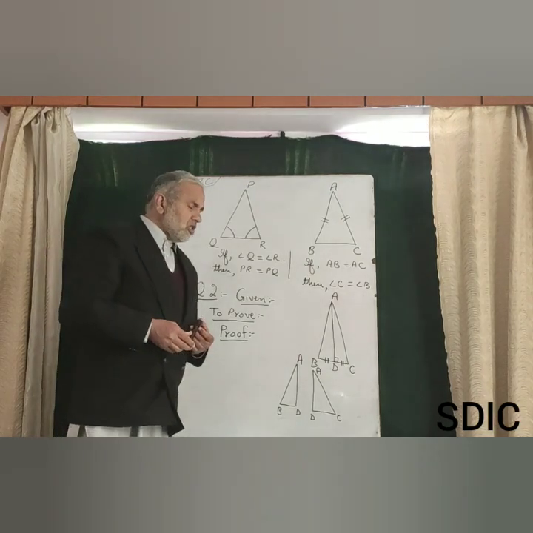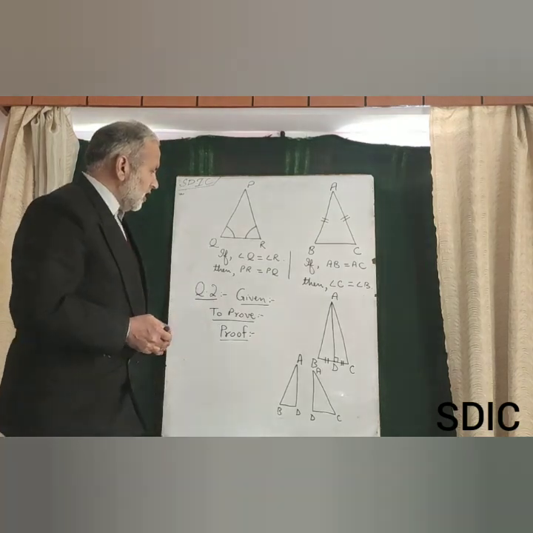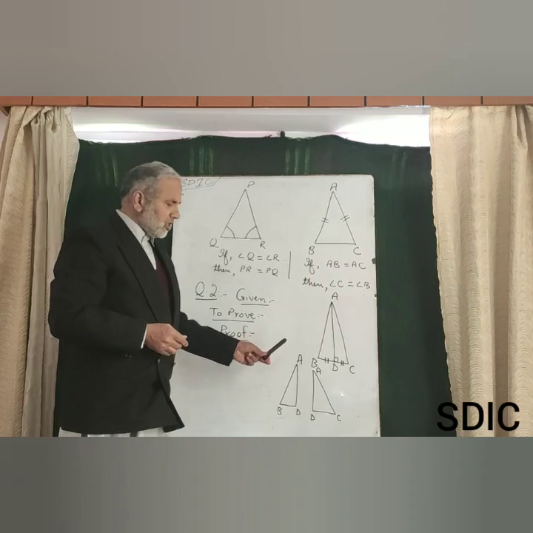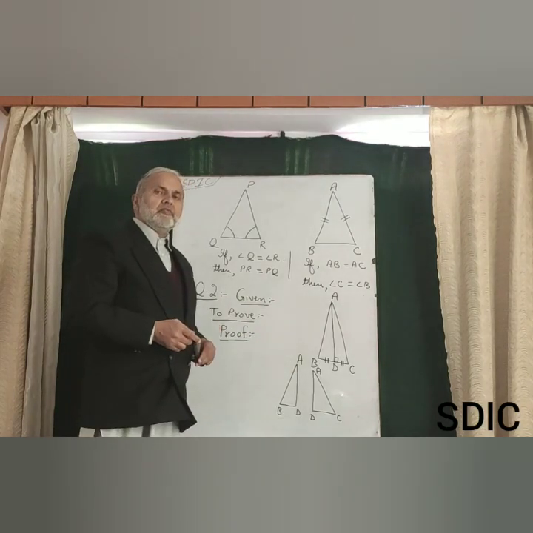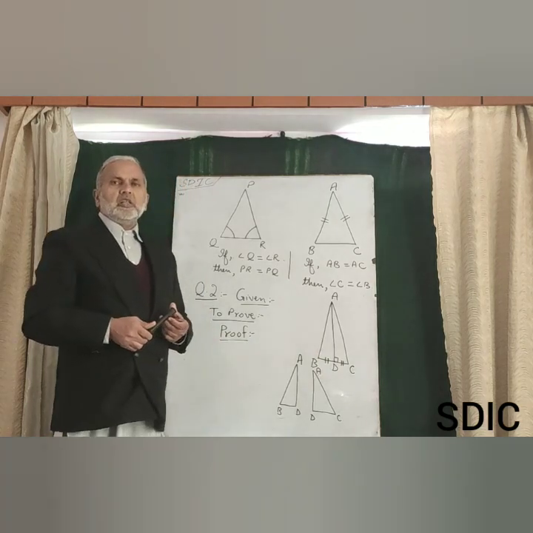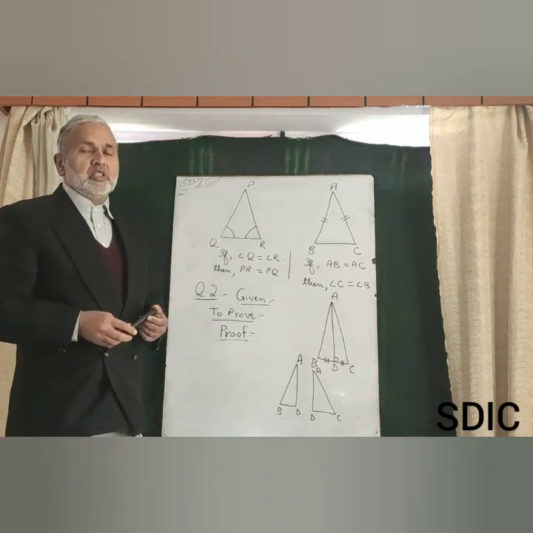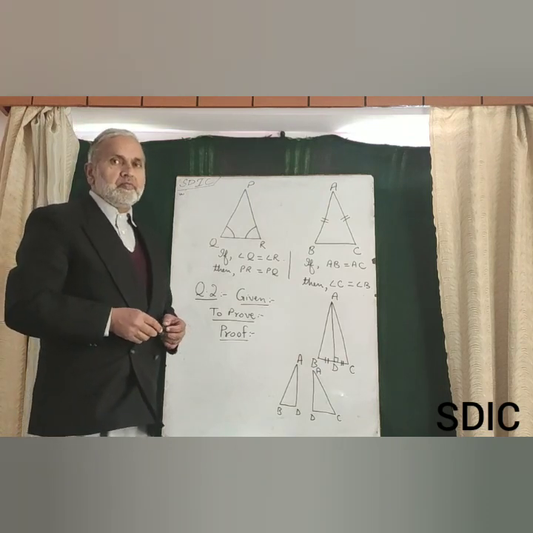To understand which will be applicable, let us find from the given information which elements of the two triangles are equal. You must have reasons for those to be equal. Without reasons, we cannot choose.